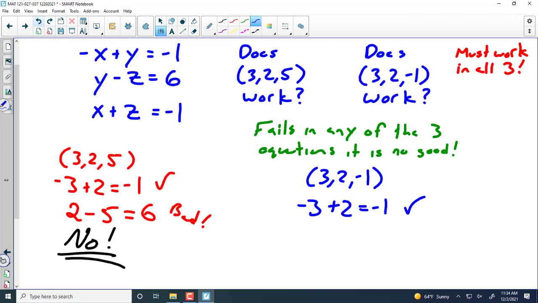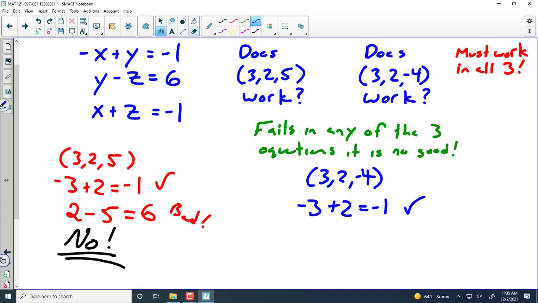This should be, oh, I did copy it wrong. Everyone. This should be negative 4. I wanted this second one to work. The second one should be negative 4. 3, 2, negative 4. Not 3, 2, 5, but 3, 2, negative 4.